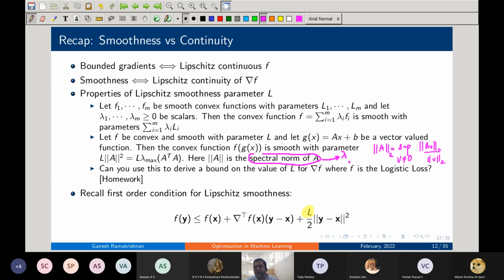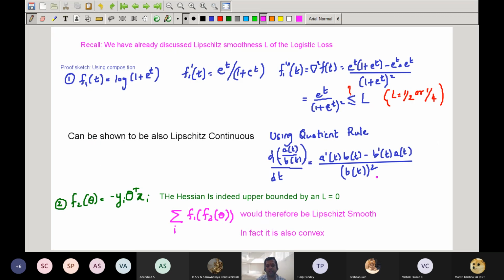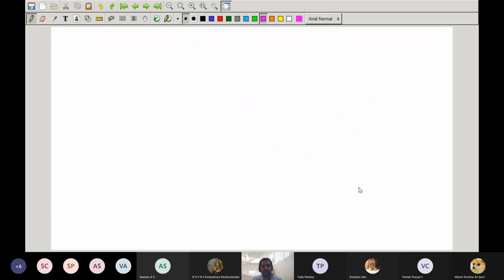So this turned out to be lambda max, the largest singular value. But what's the connection we have with that? As I said, two norm is critical here. But let's try and complete this proof.